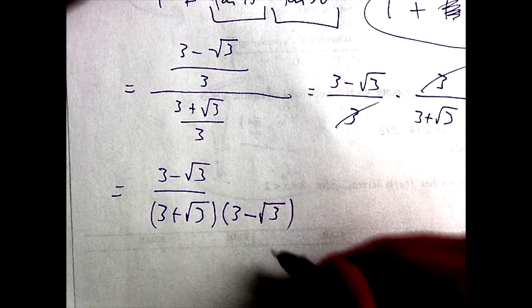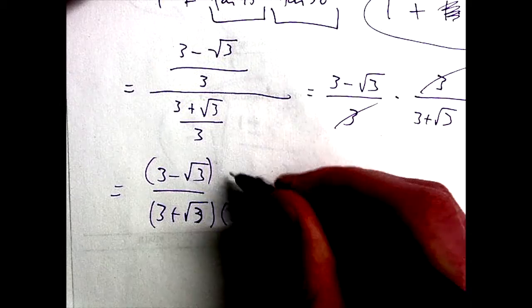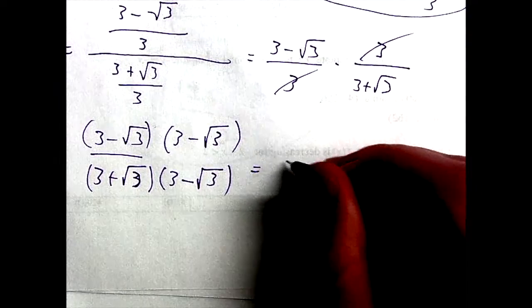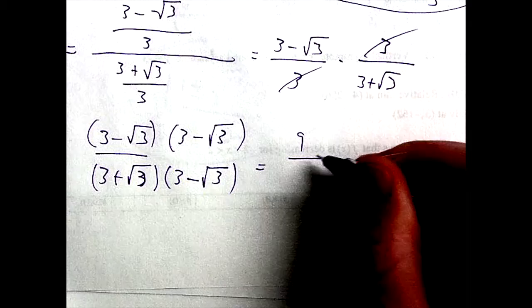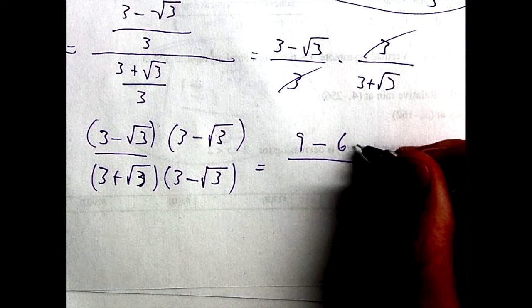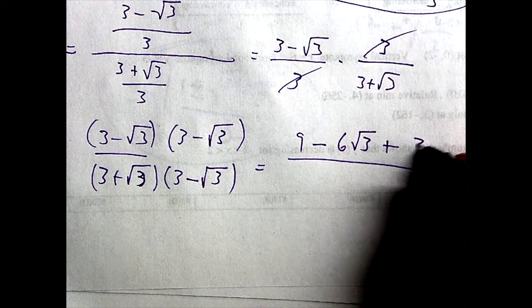So multiply top and bottom by 3 minus root 3, and that will get rid of the roots in the denominator. So in the numerator, if you FOIL everything out, 3 times 3 is 9, and blah, blah, blah. If you FOIL everything out and collect like terms, you'll sort of get this plus 3.